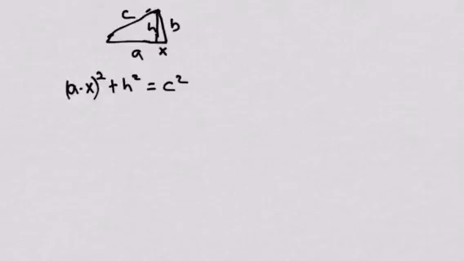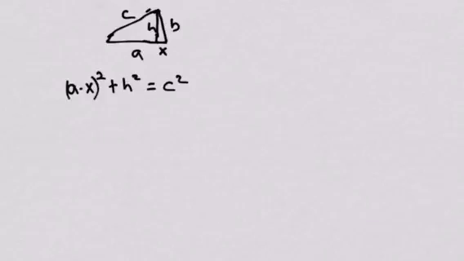I'm botching this all up. So we have a minus x squared plus h squared, the height of the triangle, equals c squared. Okay, so that's the Pythagorean theorem.